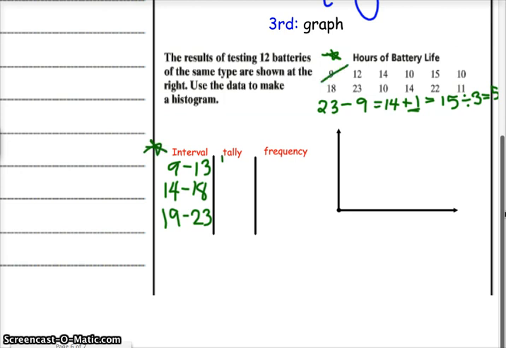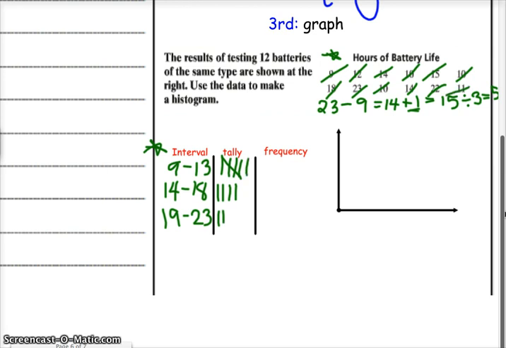So 9 goes in this interval, 12 goes in the first one, 14 goes in the second interval, 10 goes in the first, 15 in the second, 10 in the first, 18 in the second, 23 in the third, 10 in the first, 14 in the second, 22 in the last, 11 in the first.